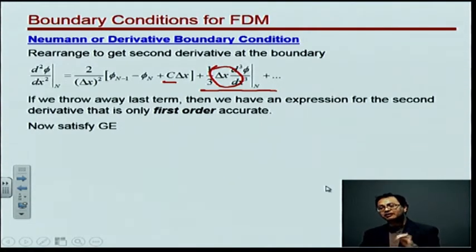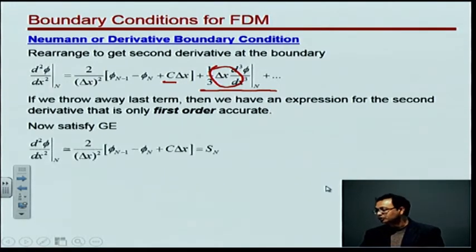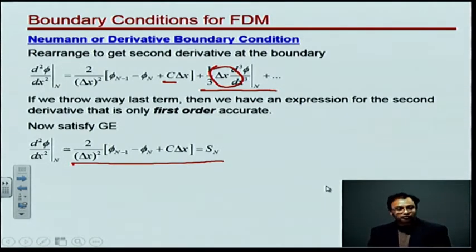We have satisfied our boundary condition already. We now want to satisfy our governing equation. What do we do? We take that expression, plug it into our governing equation, which says d square phi dx square at node n is equal to source term at n. That's our governing equation. So we've satisfied both boundary condition as well as governing equation.